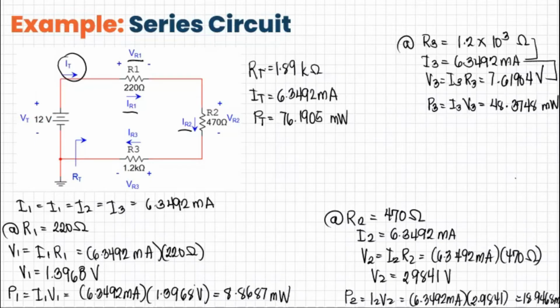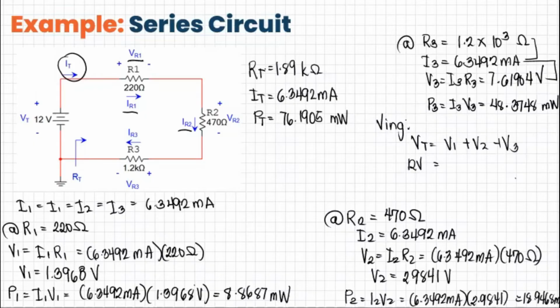Let's check if what we did is correct. For voltage, according to our concept, the total voltage VT should be equal to the sum of the voltage drops of the individual loads. So if we add V1, V2, and V3, is it equal to 12 volts?